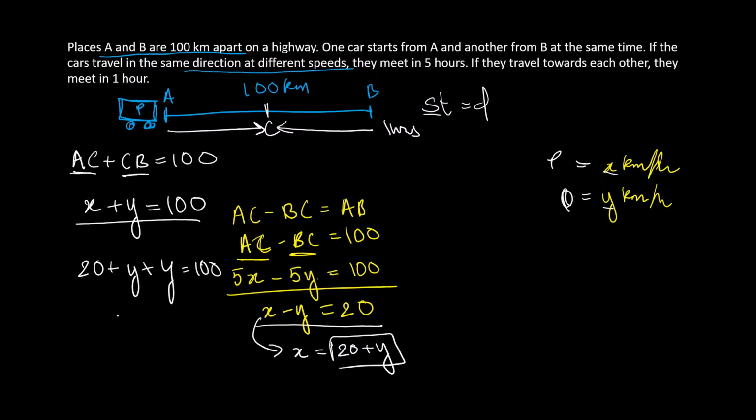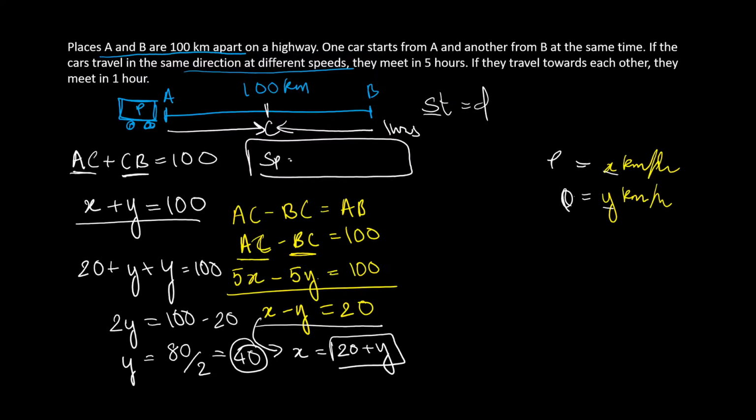So that will be my 2y equals 100 minus 20, and my y is going to be 100 minus 20 is 80, and 80 by 2 will be my y. So that's 80 by 2, and that is equal to 40. So the speed of y, I'll write it in a box. Speed of vehicle, here is vehicle Q. So the speed of Q is 40 kilometer per hour.